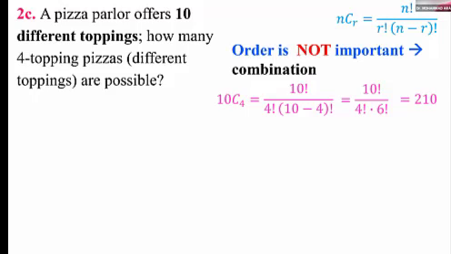Notice the largest number in the denominator is 6 factorial, so you can write this as 10 times 9 times 8 times 7. You have to go all the way to 1, but since the denominator has 6 factorial, you can stop. Anytime you stop before 1, you have to write a factorial.